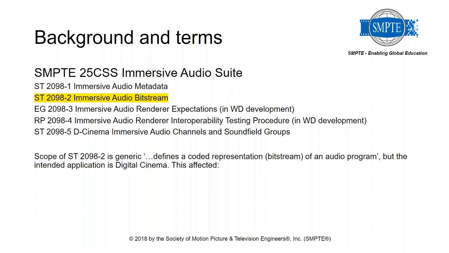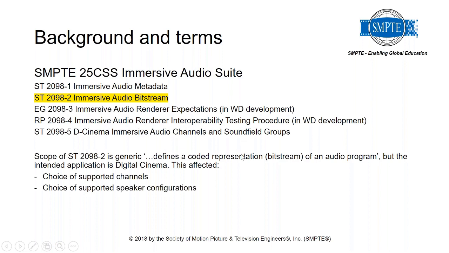I wanted to point out that the scope of ST2098-2 is pretty generic. In fact, the scope itself says it defines a coded representation (bitstream) of an audio program. But digital cinema is the intended application, and that affected the choice of supported channels, the choice of supported speaker configurations, and the assumptions regarding playback environment.